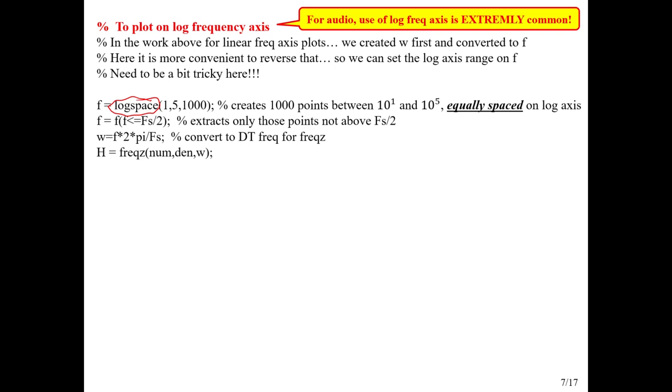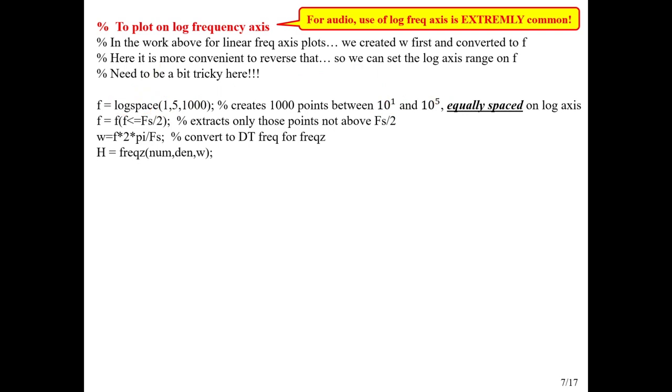Here, because we're not using the FFT directly, freqz will accept frequencies that are spaced any way that we want them. So I'm going to use the logspace command, and the things that I put in here tell me the powers of 10 that the frequencies will range from. If I put a 1 in here, that's telling me go all the way down to 10 Hertz.